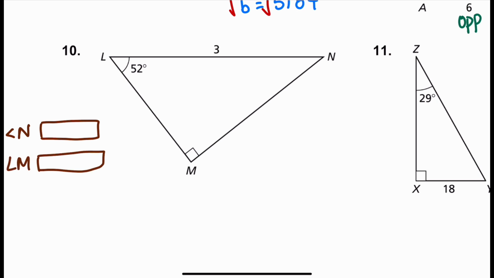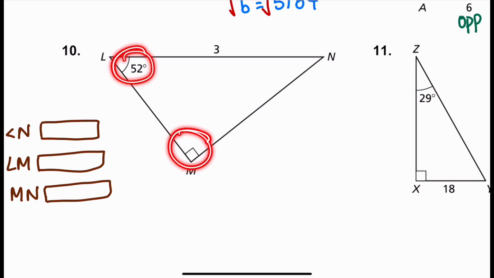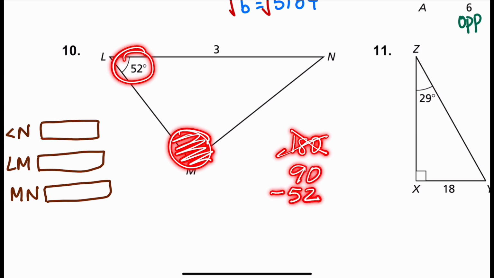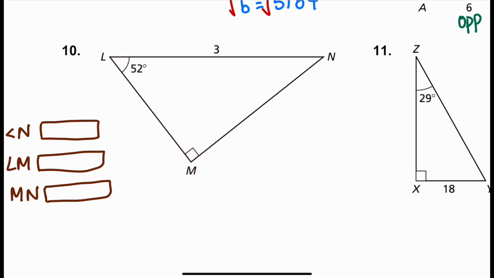And I also need to find MN. Now, angle N is really easy to find. Well, I have two of the angles. We know all triangles add up to 180. So I can take 180 minus off this 90, which gives us 90 left, and then minus off 52, and that would give us 38 degrees for angle N.